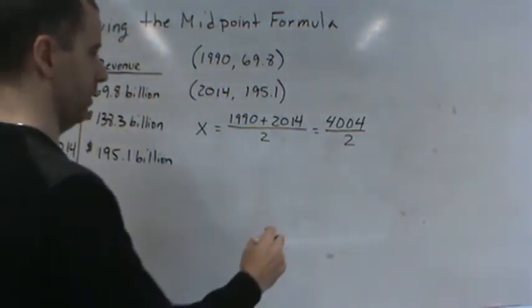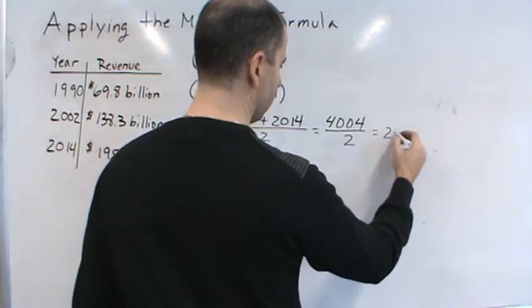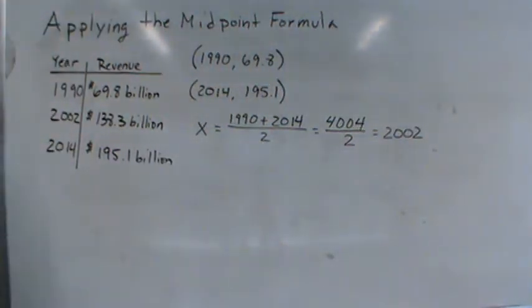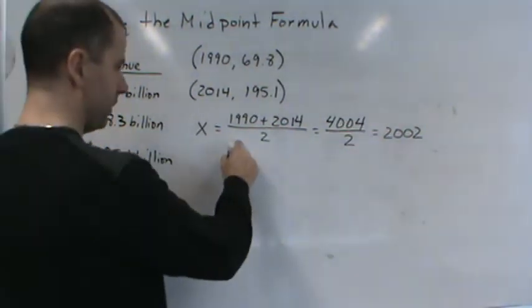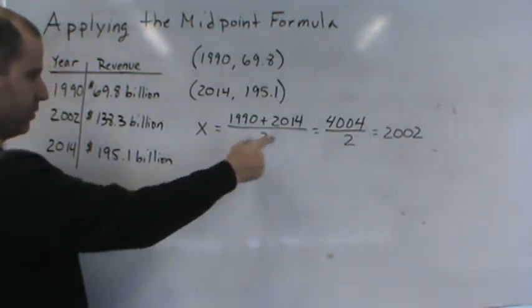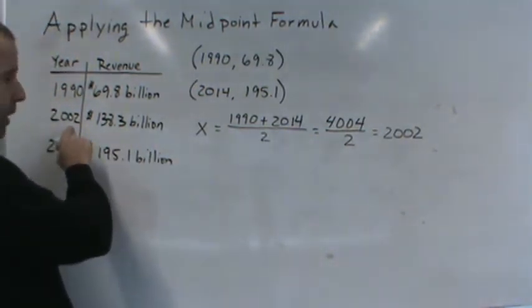And of course, we get 2002, which is what we expect to get because that's what they want, right? So we just confirmed that our year for our midpoint is 2002. Good, that's what we want.